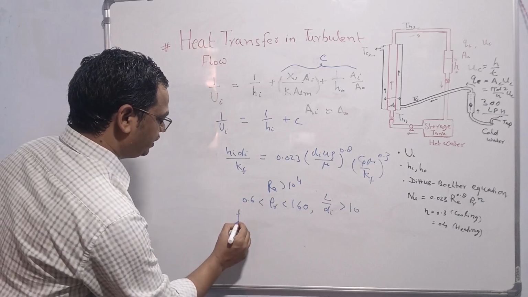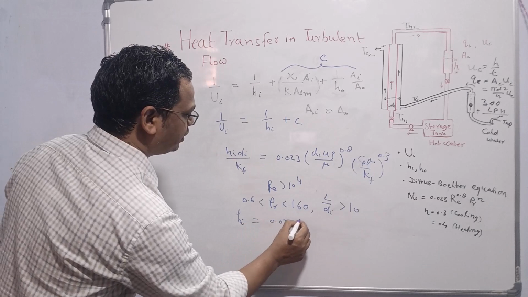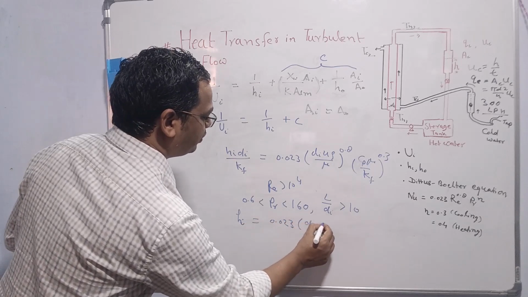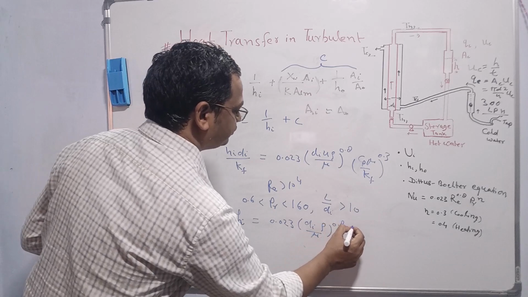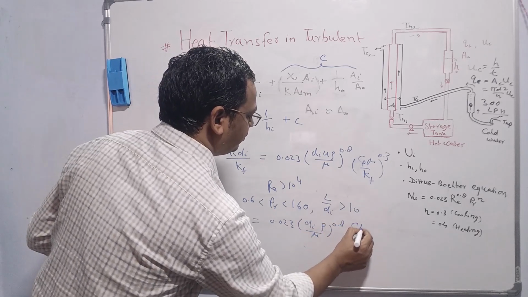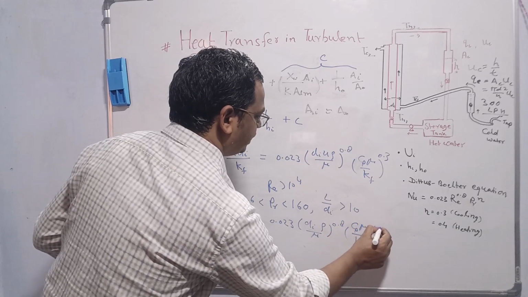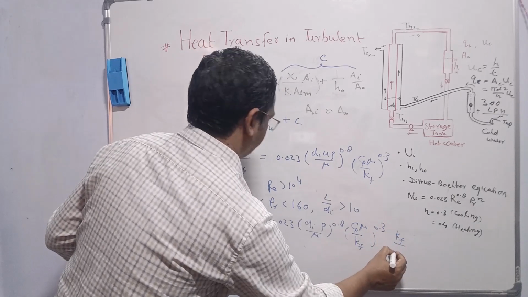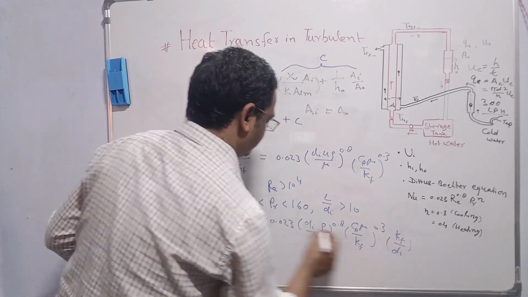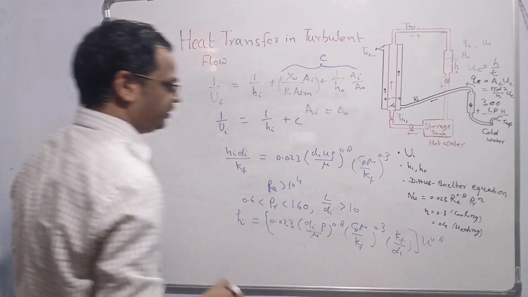So now I can write hi is equal to 0.023 Di rho by mu to the power 0.8, Cp mu by Kf to the power 0.3, Kf by Di, u to the power 0.8.